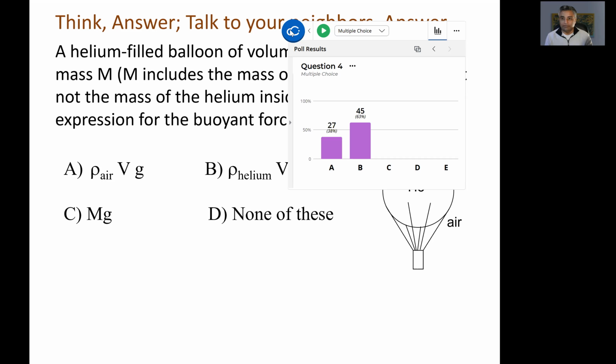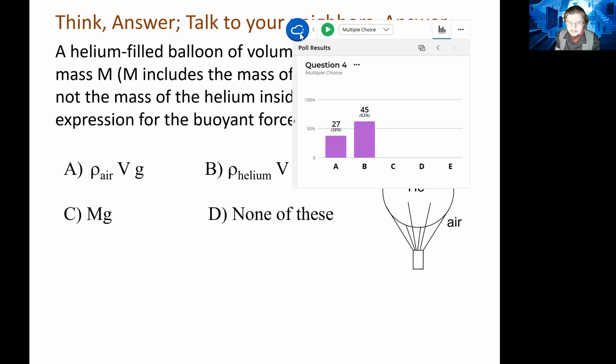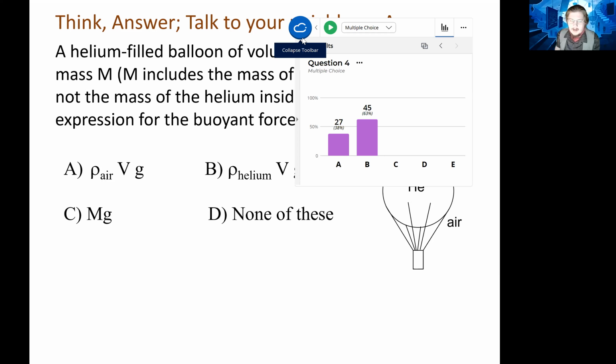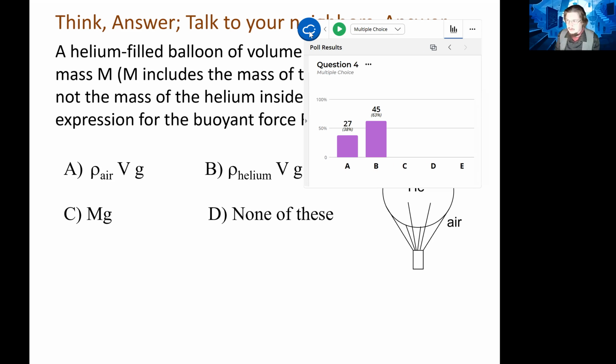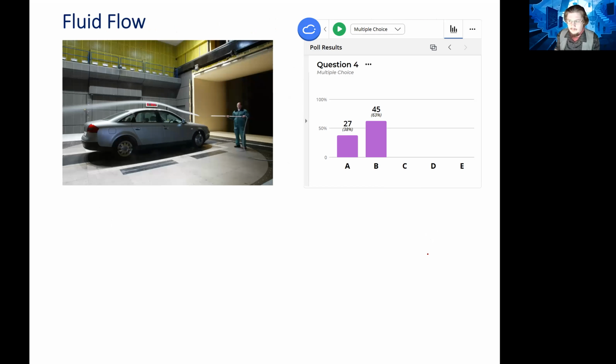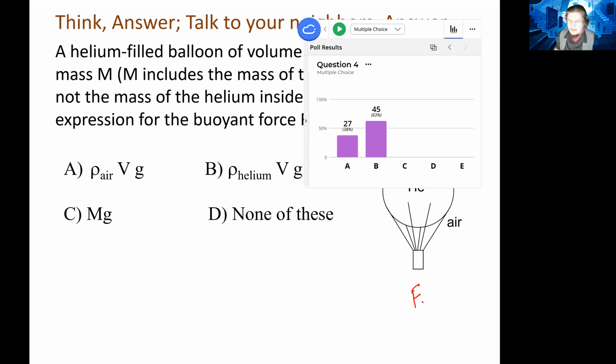Okay, go ahead. I think this problem is similar to a wood block and water problem. The buoyant force is measured by the amount of air that's being displaced, and whether the air you displaced is heavier or lighter than the material you replaced it with. So I'm considering the helium as a block of wood and the air as water. So I would need to use the air as the buoyant force, not the helium.